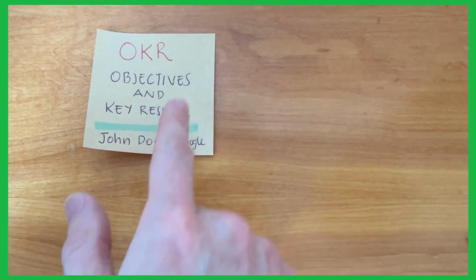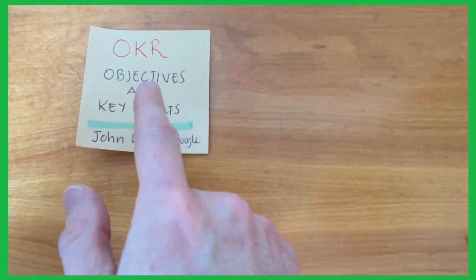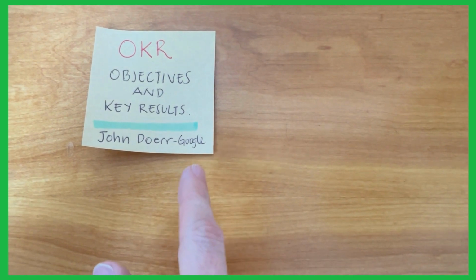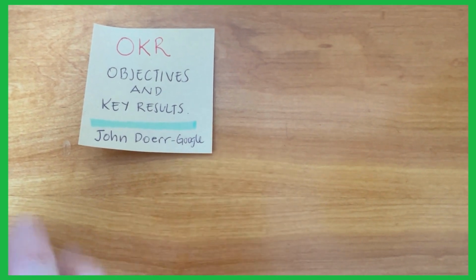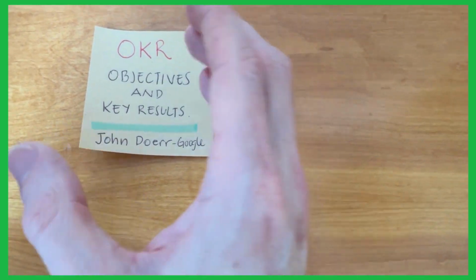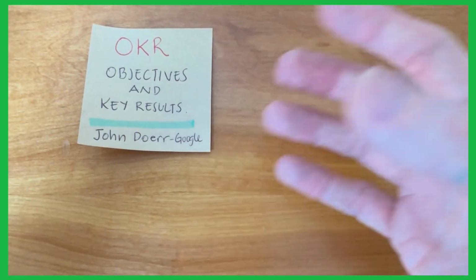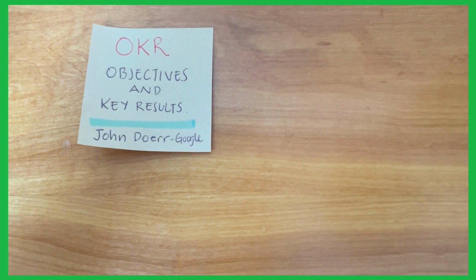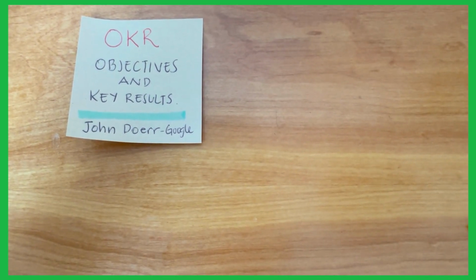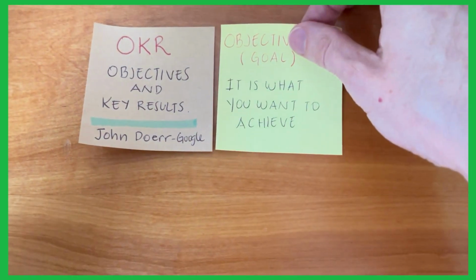Let's start by saying that OKR stands for objectives and key results, and this methodology was introduced at Google mainly in the late 90s, and ever since, the methodology has helped Google to achieve amazing milestones. So let's start by saying what objectives are.